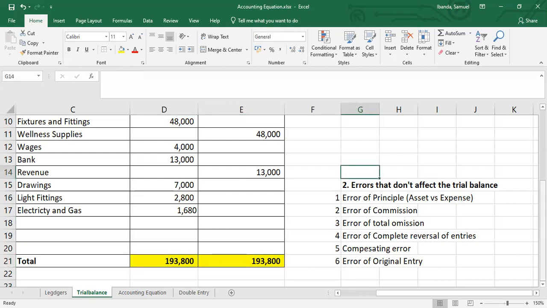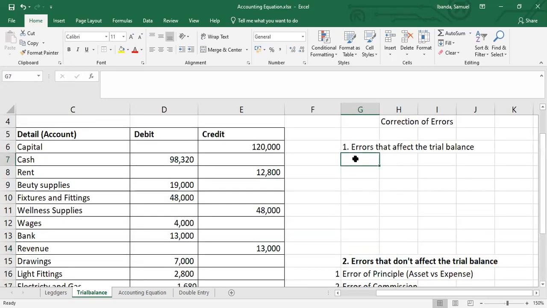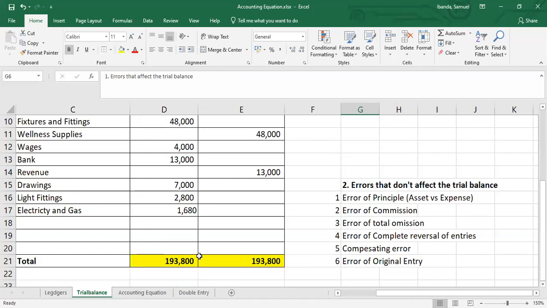Now, we have errors that affect the trial balance. If these errors are made, it would mean that our trial balance will have different totals. Maybe this will be like 100 and this 109. So if such errors exist, then these have affected the trial balance.